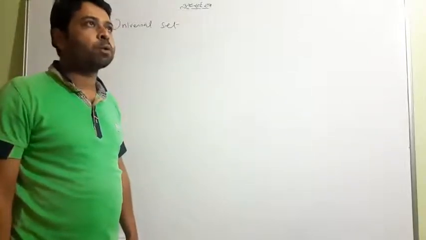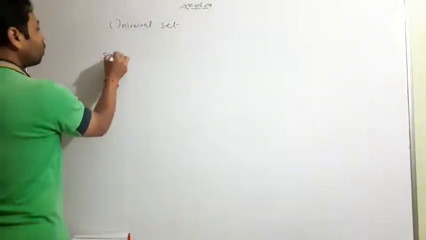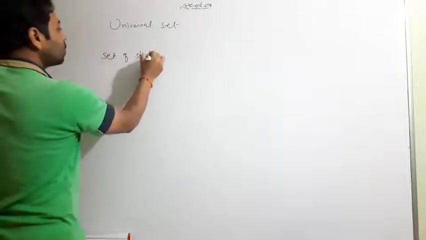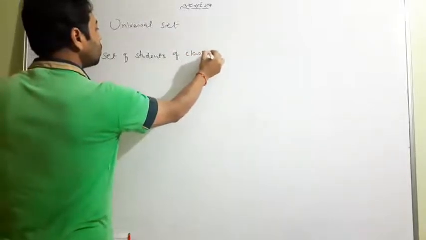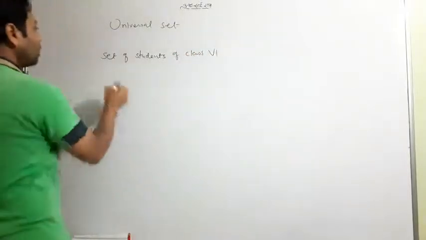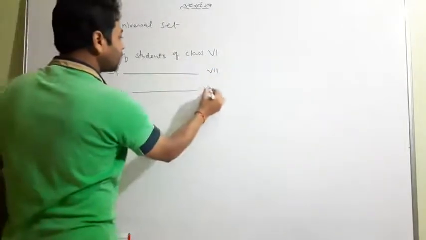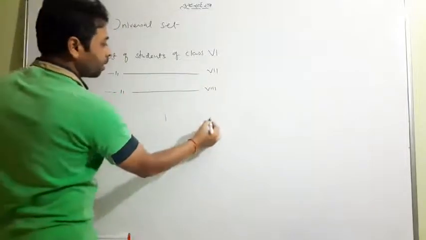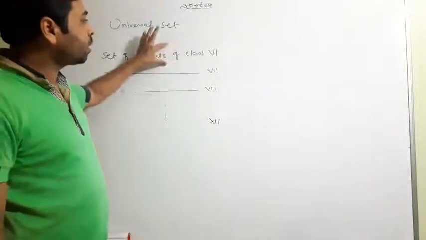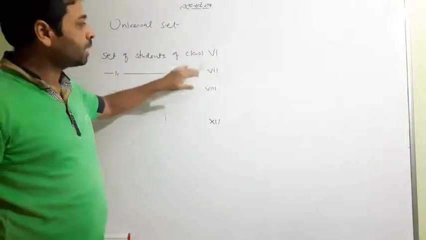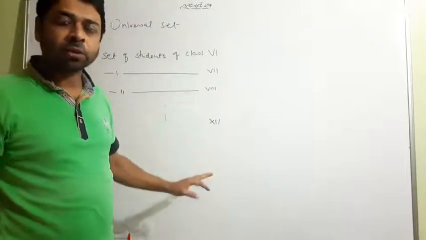Suppose we speak of the set of students of class 6th, the set of students of class 7, the set of students of class 8, and similarly till 12th. So I have lots of sets. This set represents the students of class 6, this set for 7, this set for 8, and so on, the set for class 11 and 12th class.